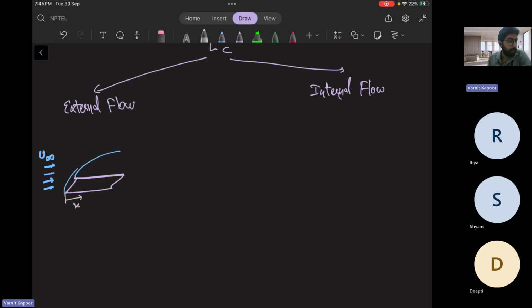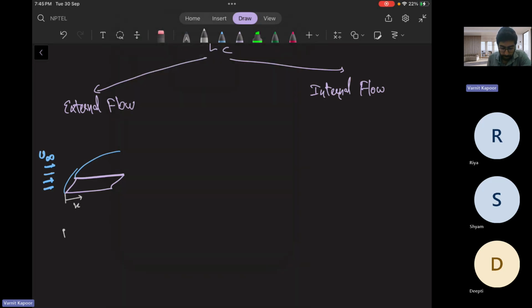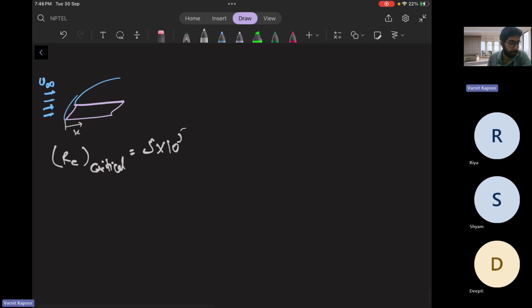Okay, along this. So what is the critical Reynolds number for a fluid over a flat plate? So Re critical is nothing but 5 into 10 to the power of 5. This is your critical Reynolds number, and your characteristic length will be nothing but the length over which the flow is happening, so it will be x.